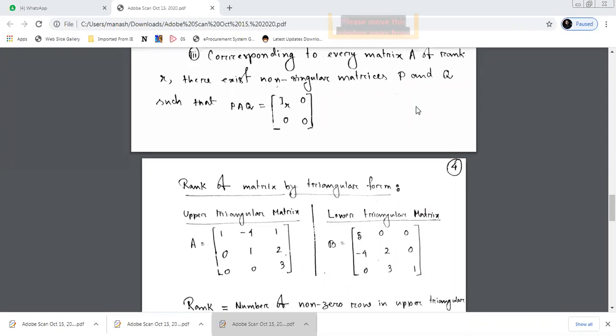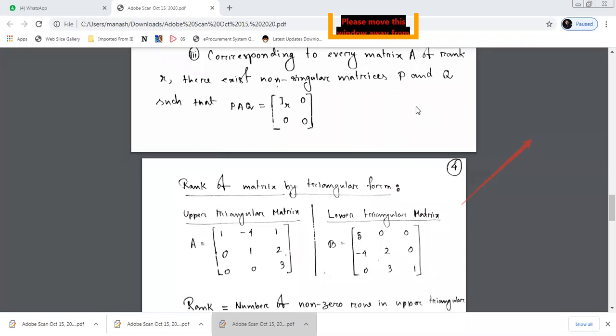Now you tell me, if the order of a non-singular matrix is 4, what is the rank of the matrix? Anyone? 3, sir. No, just listen to me carefully. If the order of a non-singular matrix is 4, not 3, 4, then what is the rank of the matrix? It is 4.